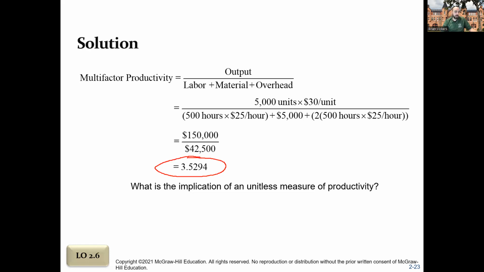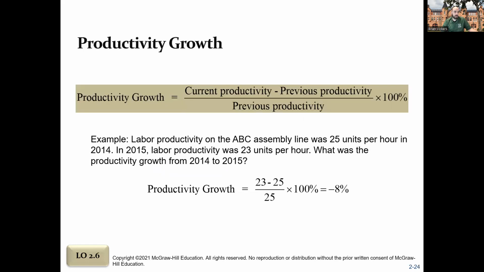So we can look at measurement of productivity over time. We can do that as a productivity growth, or it going up or down, right? So in this example, we've got 25 units per hour in 2014, but then in 2015, we only made 23 units per hour. How much was the productivity growth? Well, it's going to be a negative. We know that right away because it went down from 25 to 23.